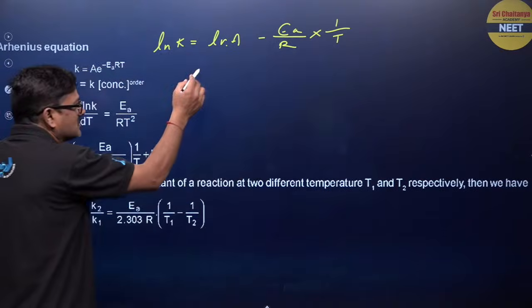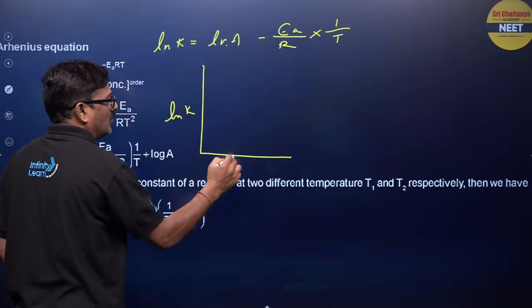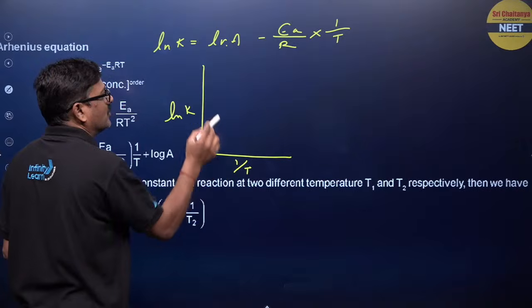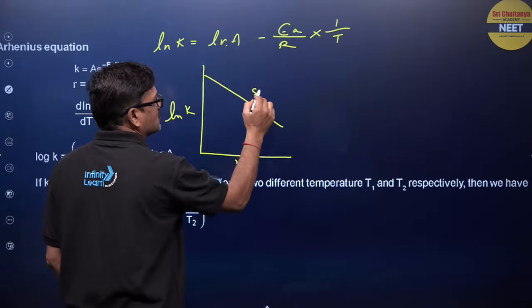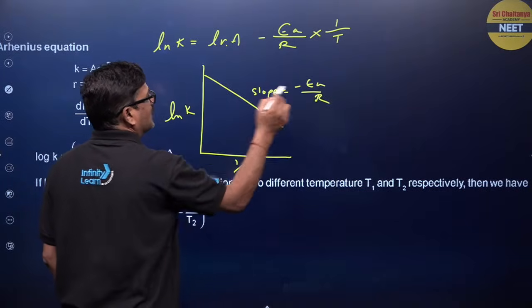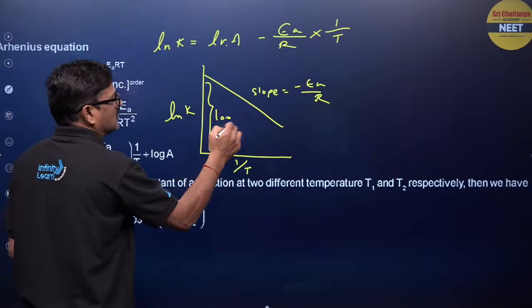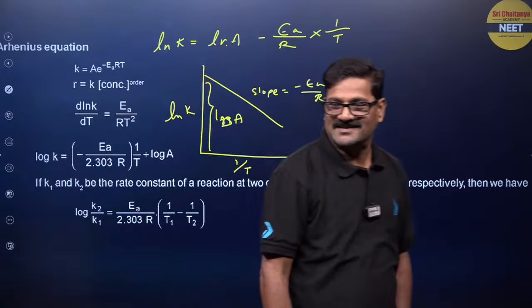Now we are going to get a graph here, ln k versus 1 by T, you are going to get a straight line with a negative slope, so slope is going to be minus Ea by R, and intercept is equal to ln A, isn't it?